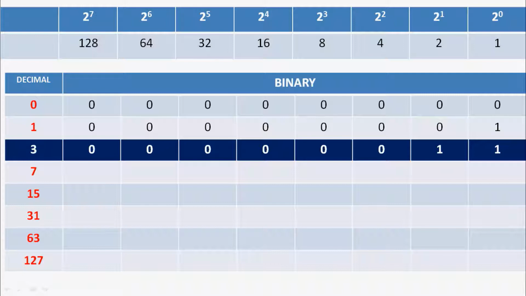And from now onwards we have to note something here. We can see the number 3 is near to 4, but we are not considering 4. After 4 we have 2 and 1. Yes, these two columns we made 1, and all other columns we put zeros. Now we will consider the decimal 7.